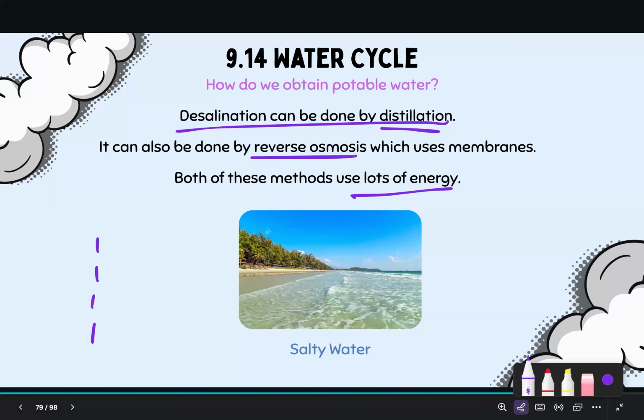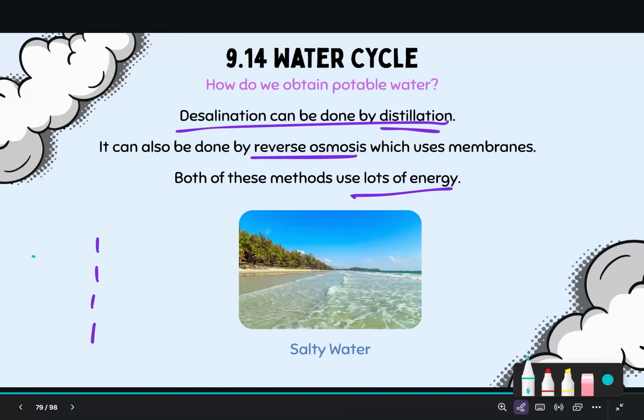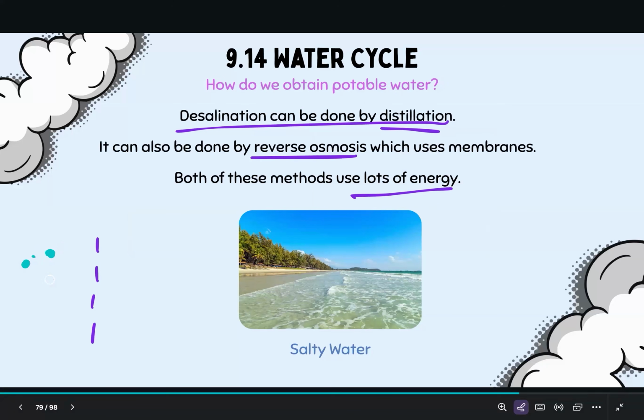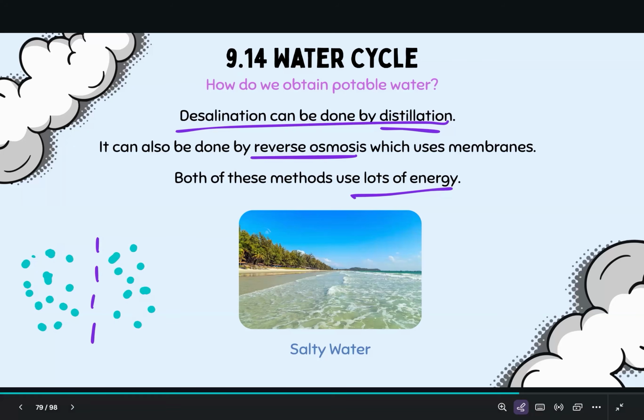You've got your membrane. Now, on this side of the membrane, you've got lots of water, and you've also got water on this side. But the side that has the seawater also has salt.